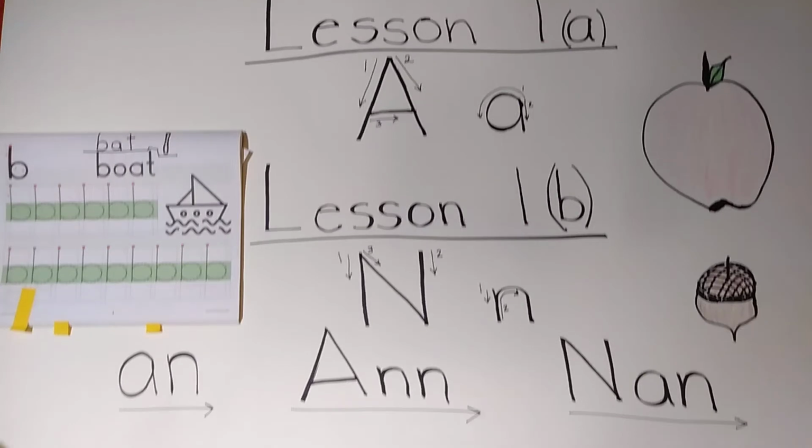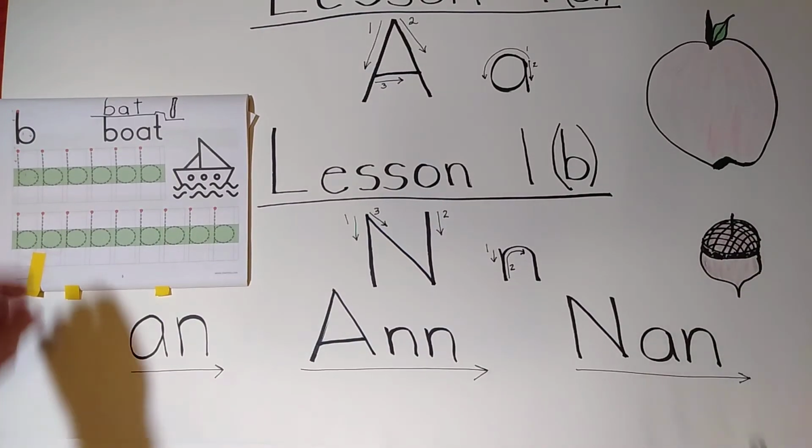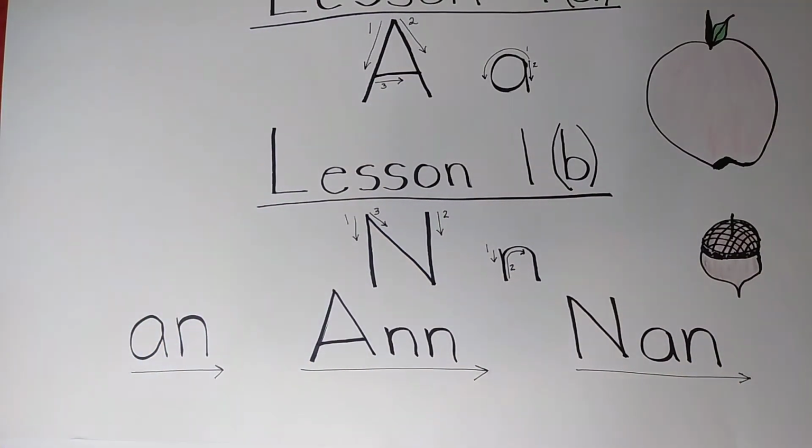Now we're going to review the words. And students, I'd like you to say these words before I do. First word. An, like an apple, an orange, an ostrich.